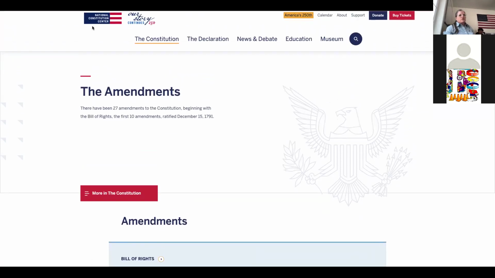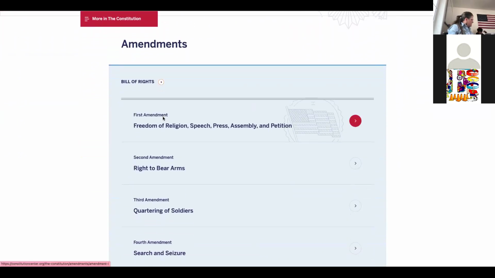Go to Constitution, constitutioncenter.org. That's where we're at, Juliana. Okay. So if your case like Jana's is First Amendment, you would click on the First Amendment. Juliana's, yours is 13th.